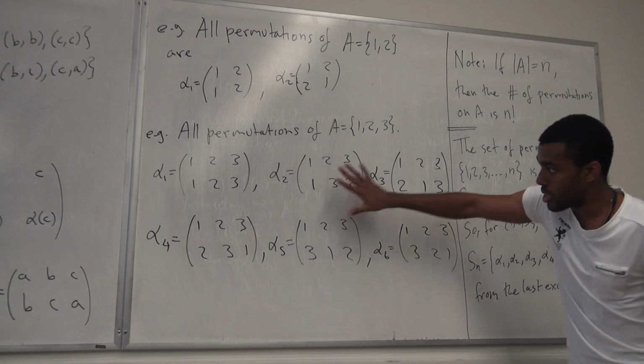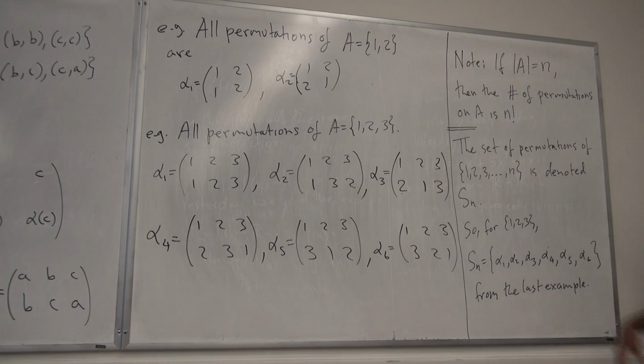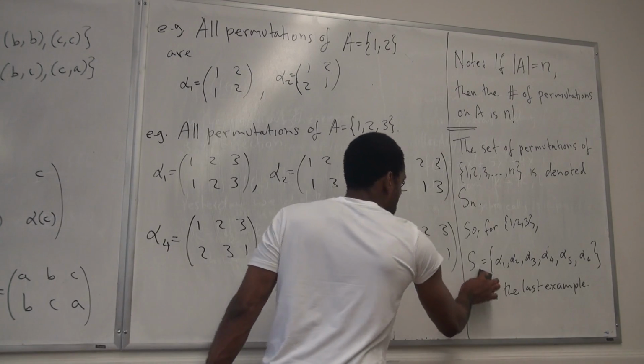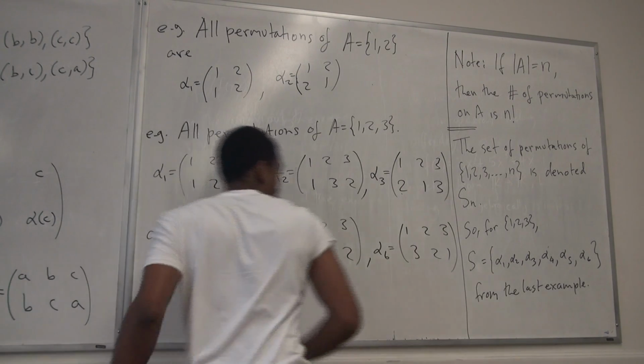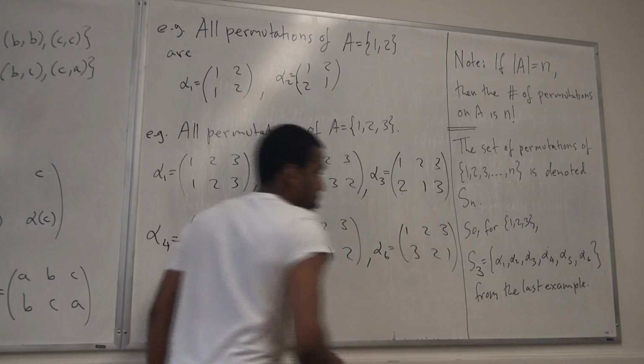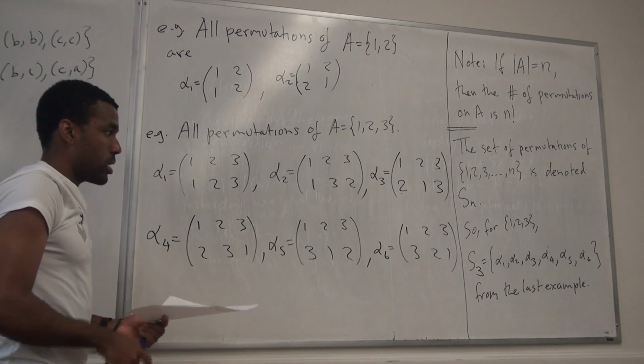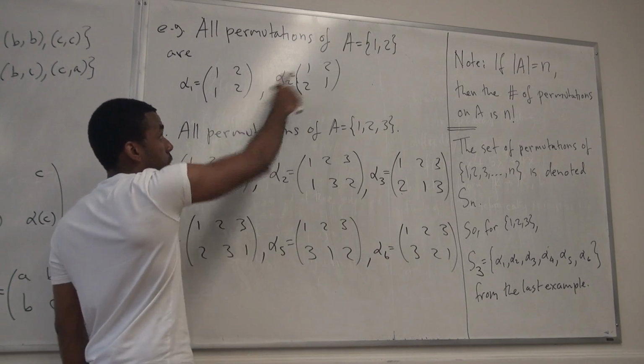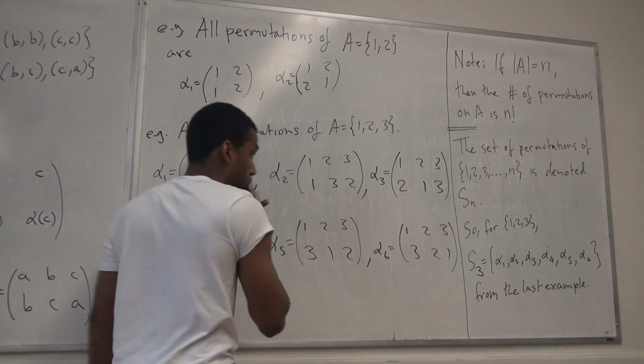So I throw all these functions into a set. The set of those functions is called S3. So S3 would look like that, right? S3 is just a set of these 6 functions. S2 will be the set of these 2 functions, and so on and so forth.